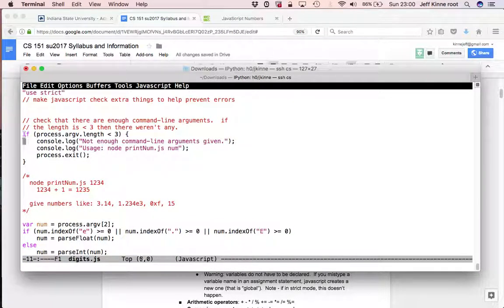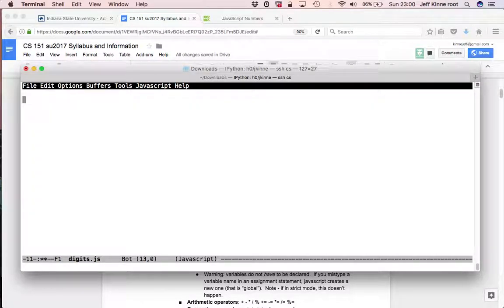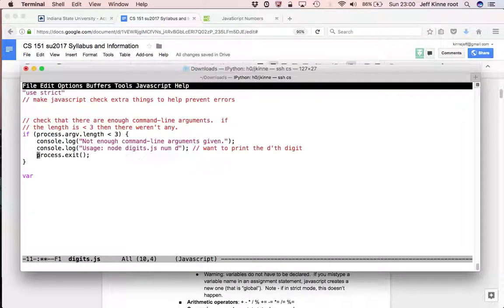And say we want to get num and maybe d, and we want to print the dth digit or something. Okay, there's a bunch of different ways we could do this. First we need to get the number. Let's just say we're going to assume that this is an integer.